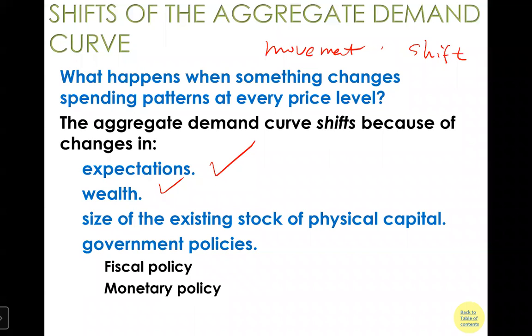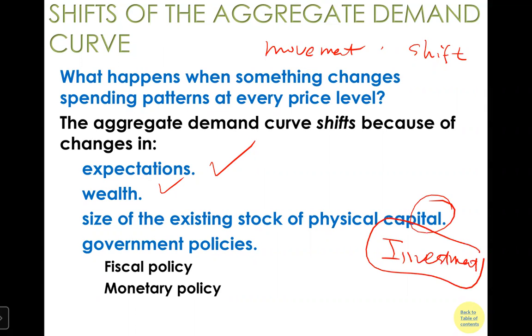What about the size of the existing stock of physical capital? This actually affects investment. Think about a restaurant. Their current physical capital means their square feet and tables, which haven't been fully utilized because demand is weak.